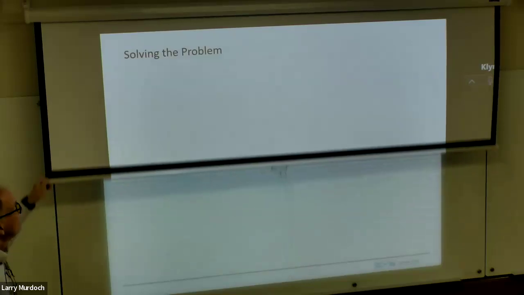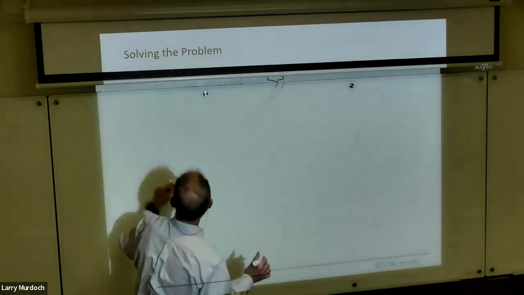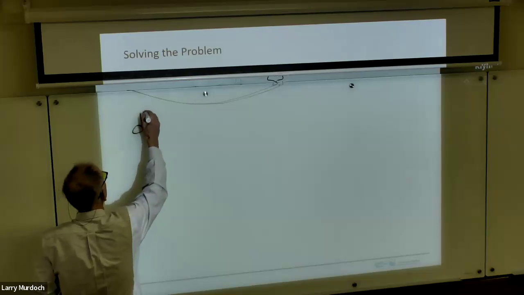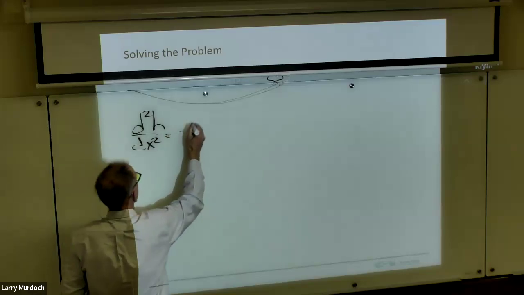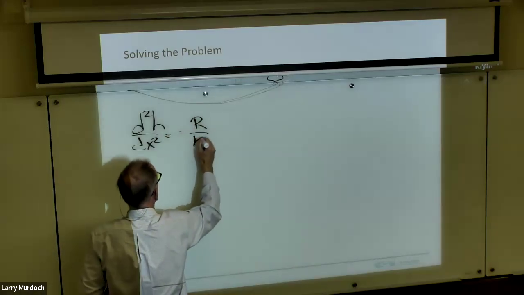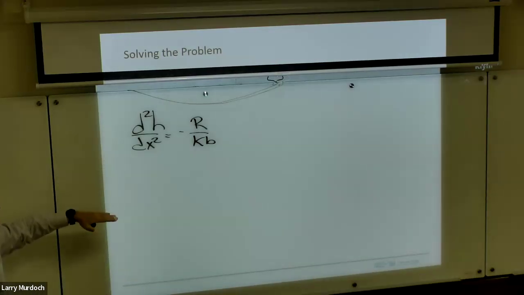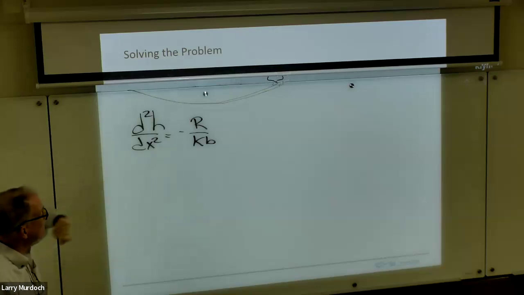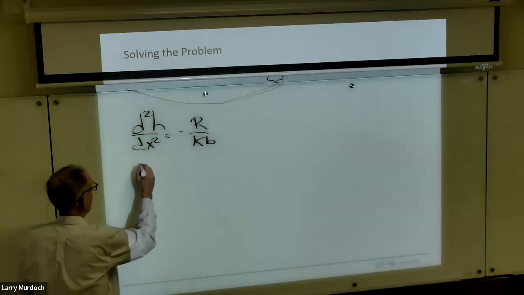And the strategy is going to be the same as last time, where we have a governing equation, which we said was this. We're going to integrate it once, twice. You get the hydraulic head with constants, and then we're going to use the constants to solve for the boundary conditions.